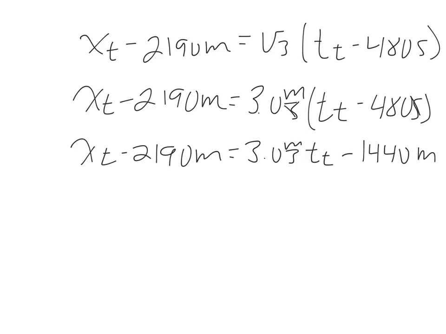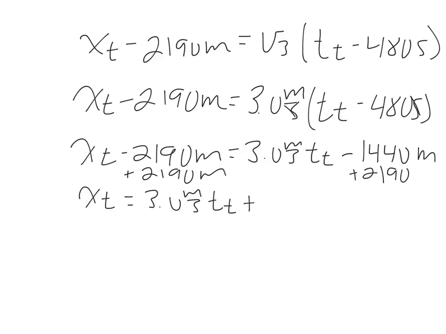And now I'm just going to isolate xt. The reason I'm isolating that is because it makes it a little bit less messy. No fractions. So xt equals 3 meters per second tt plus, so we're adding the 2190 here, plus 2190, they end up subtracting 750 meters. I've now got my total distance in terms of my total time.